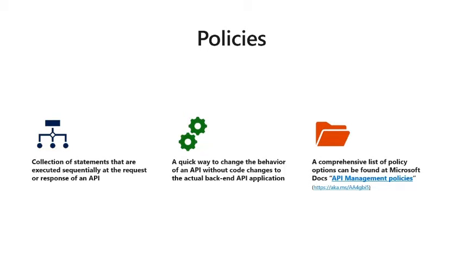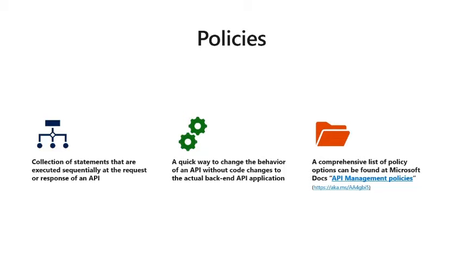Policies, very important. In Azure API management, policies are a powerful capability of the system that allow the publisher to change the behavior of the API through configuration. Policies are a collection of statements that are executed sequentially on the request or response of an API. Popular statements include format conversion from XML to JSON and call rate limiting to restrict the amount of incoming calls from a developer.